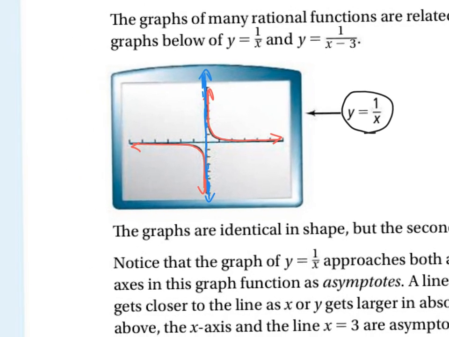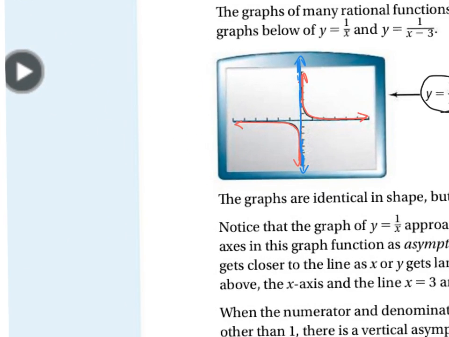And so without spending too much time on that, you can think about if we're coming in from the left side of the y-axis. Let's say x is -3.